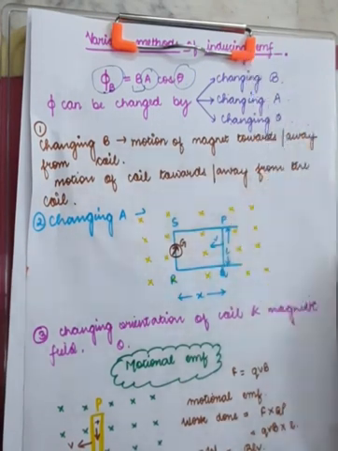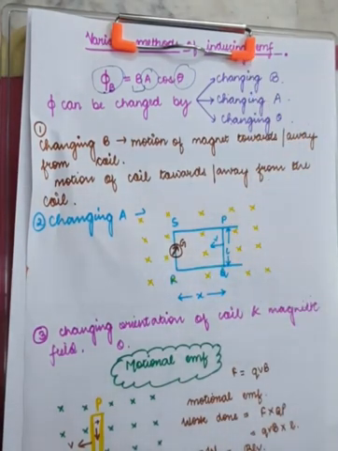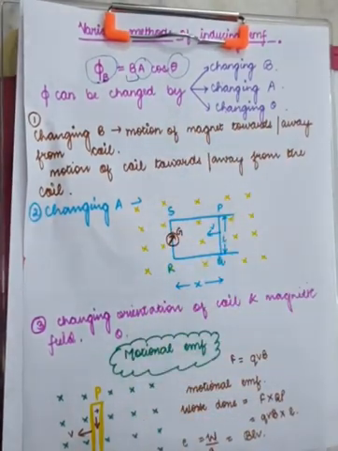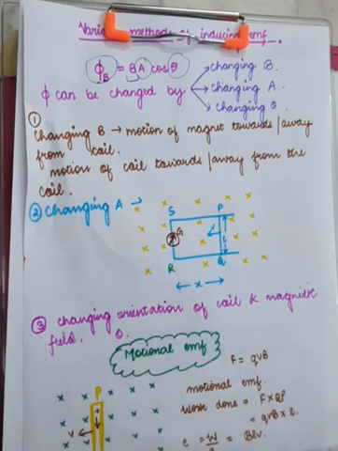When the coil rotates, what exactly is happening? The orientation is changing. The orientation of magnetic field and the area of the coil is changing. And when that orientation is changing, of course, magnetic flux will change. And when magnetic flux will change, of course, what is going to happen? Current will be induced. So these are the three ways by which you can induce EMF or current.